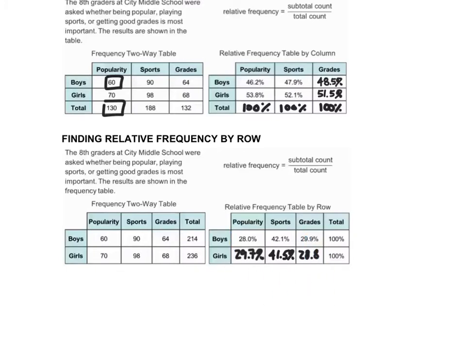What this says is that for boys, 28% think popularity is the most important, 42% think that sports are most important, and 29.9% think that grades are most important. Similar with the girls as well, 29.7%, 41.5%, and then 28.8%. So sports is kind of dominant in each of those. So you can analyze those tables and look at percents within your two-way table.